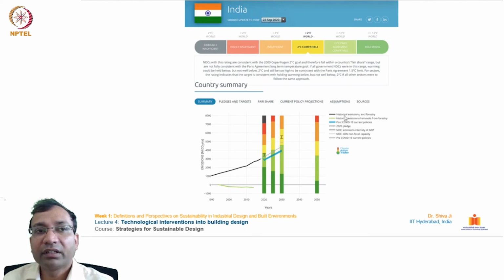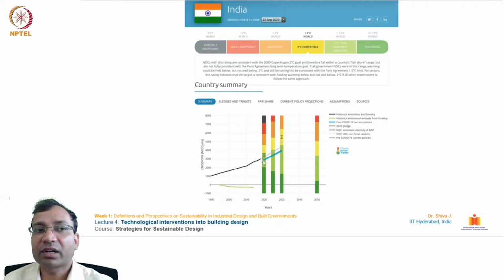So here with this legend you can understand historical emissions, as it has happened over the years. So this is the black line which depicts that up to the year 2020, little before that, I think up to 2019, and historical emissions, removals from the forestry, post COVID-19 current policy are shown in the blue over here.